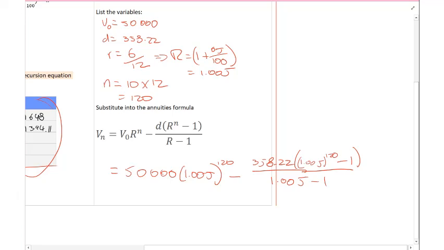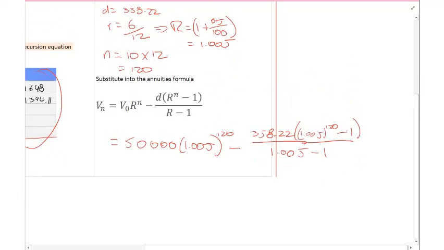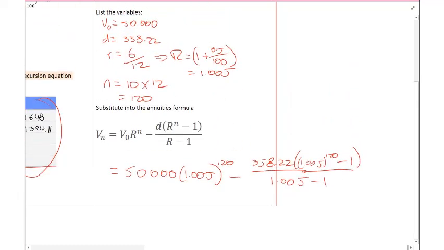Now, you put that all in, you'll get V120 equals 32264.98.